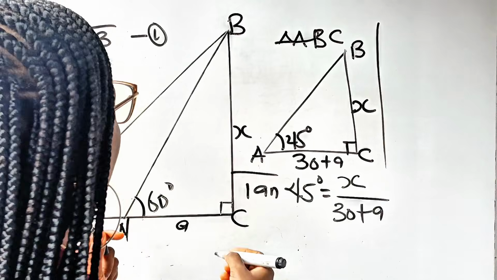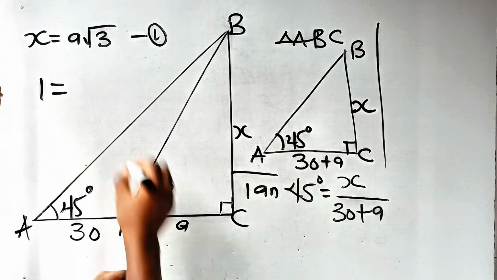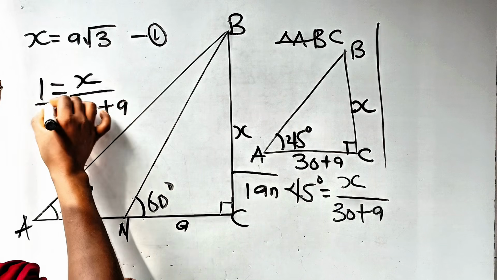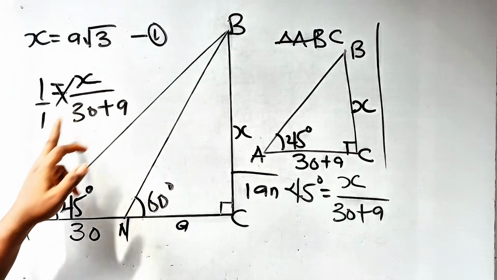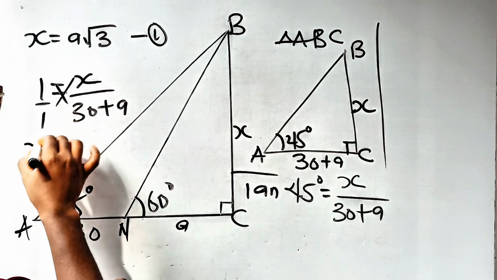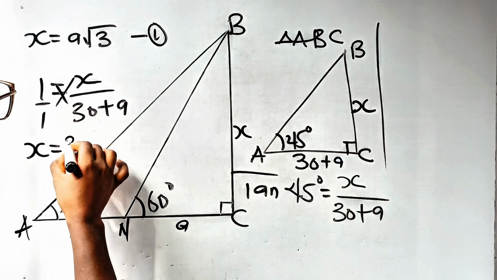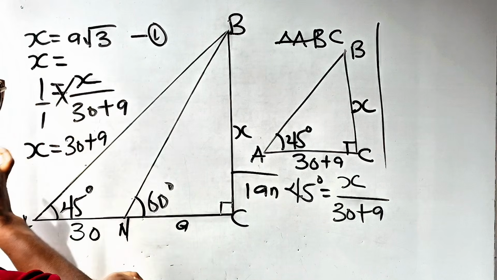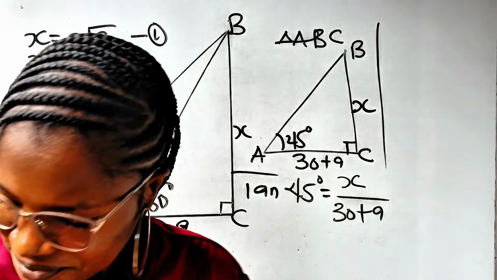Therefore, we are going to have 1 is equal to x divided by 30 plus A. If we now cross multiply, we are going to have x times 1 is x is equal to 1 times 30 plus A. So we have found our second equation, that x is equal to 30 plus A.